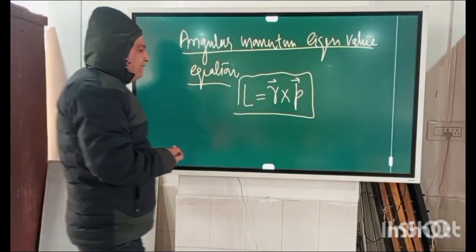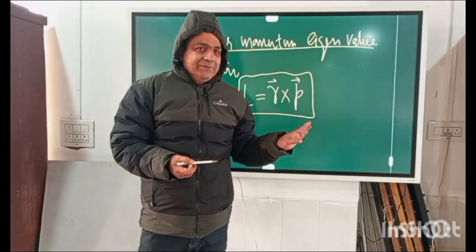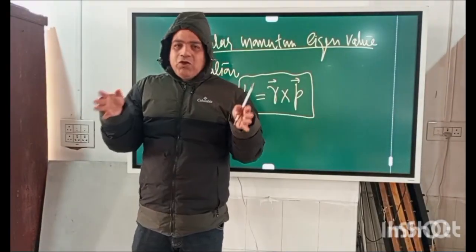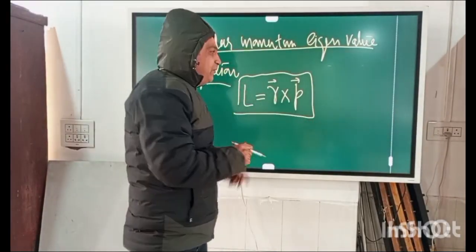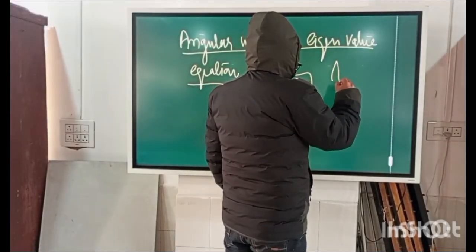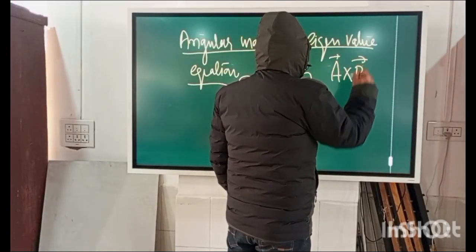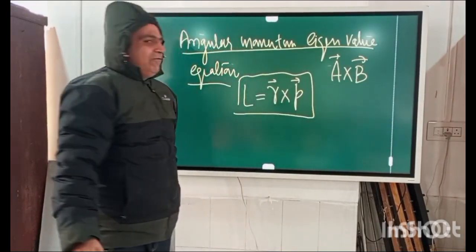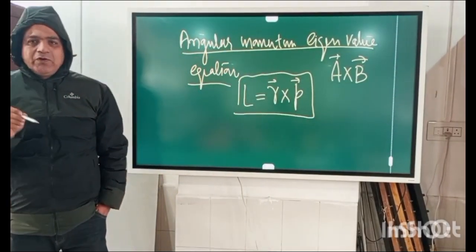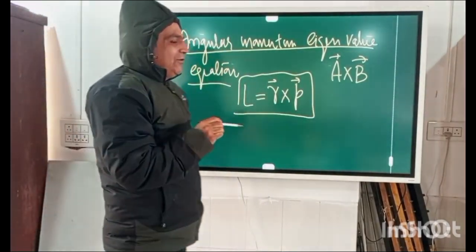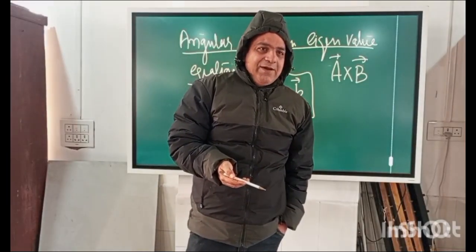Now, if you have to evaluate the angular momentum L and find the cross product between 2 vectors, say I have vector A and vector B, you simply calculate its determinant, right?